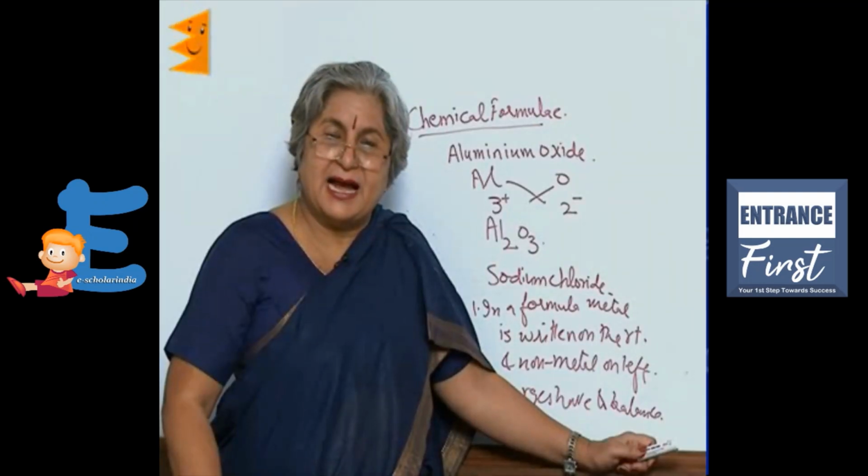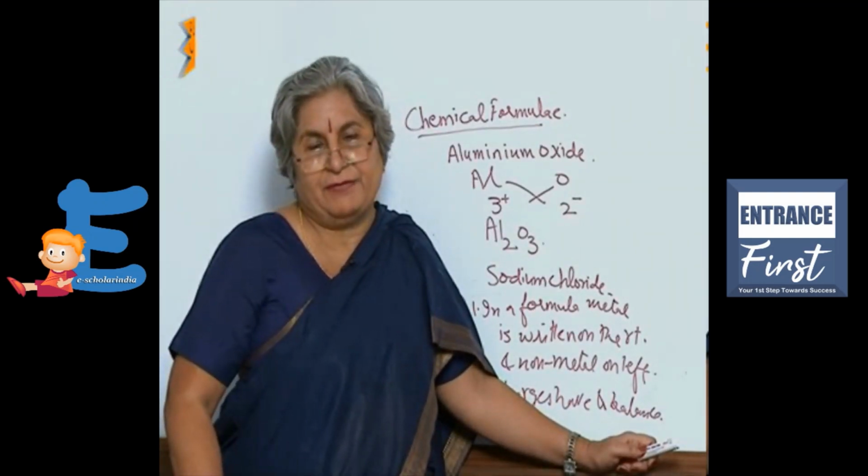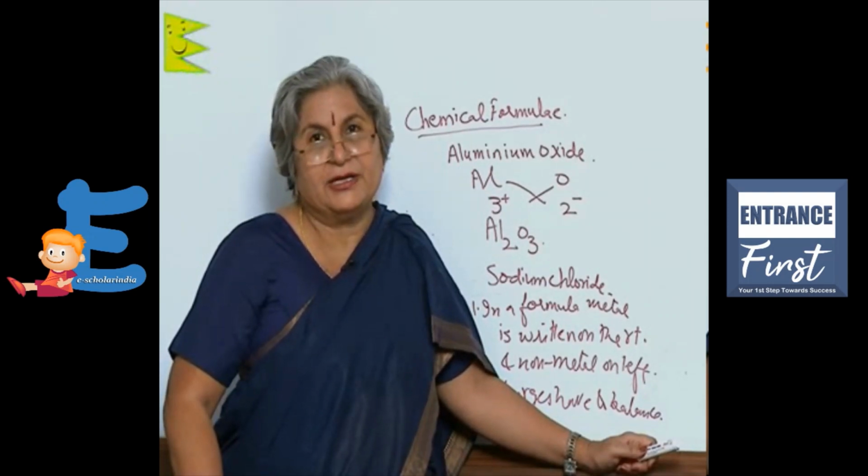Sometimes ions have more than one type of atom. They are called polyatomic.